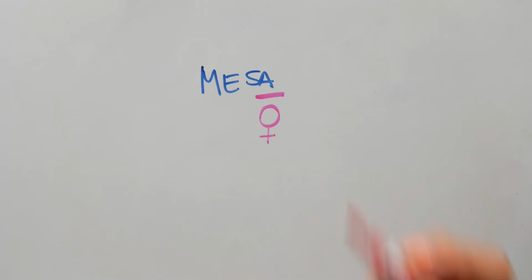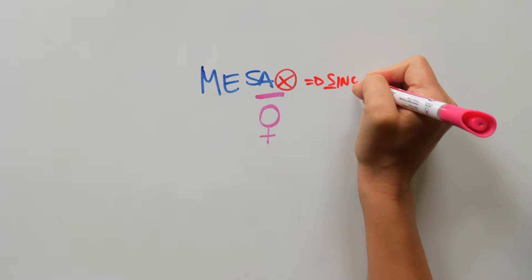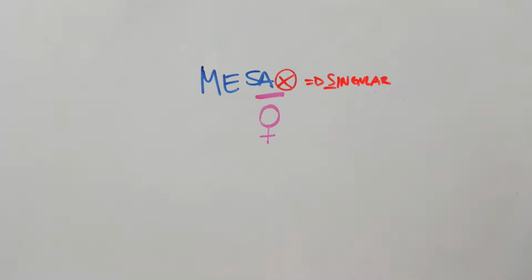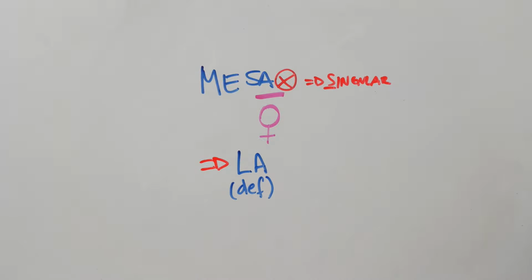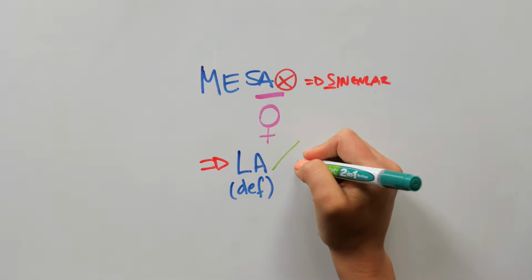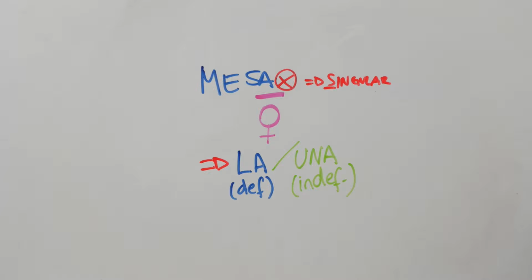We use artículos definidos when talking about specific things. Again, example, the living room table. There's only one table in the living room, so we're talking about specifically that table. And we use the indefinidos when we talk about non-specific things. For example, a table, it could be any table.